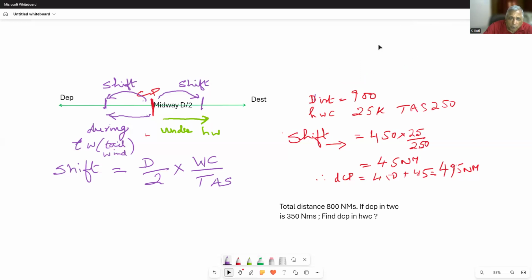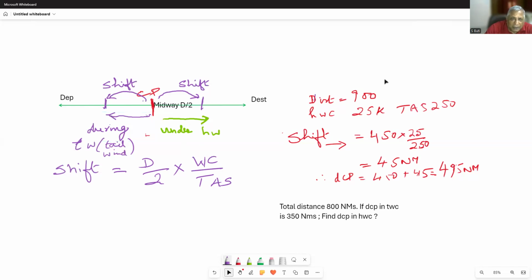If tailwind on the outbound, there'll be headwind on the return. So to find out, first check what is the wind component. Find out how much it will shift. D by 2 into wind component by TAS will be the number of nautical miles your point will shift under headwind conditions towards head, under tailwind conditions towards tail.